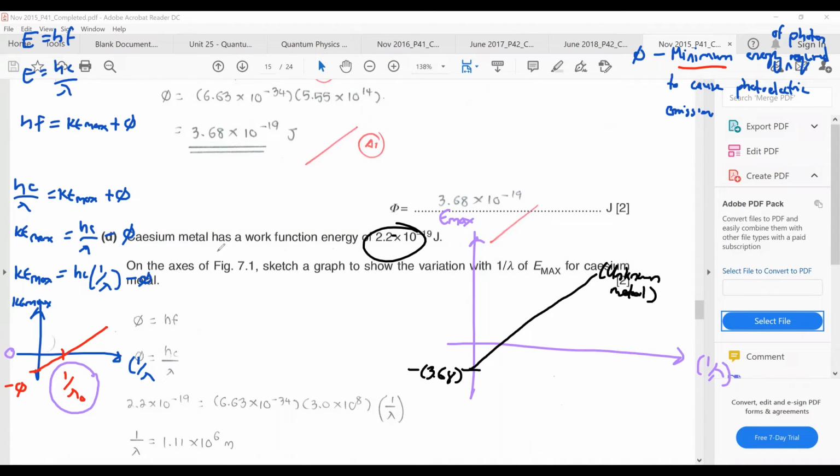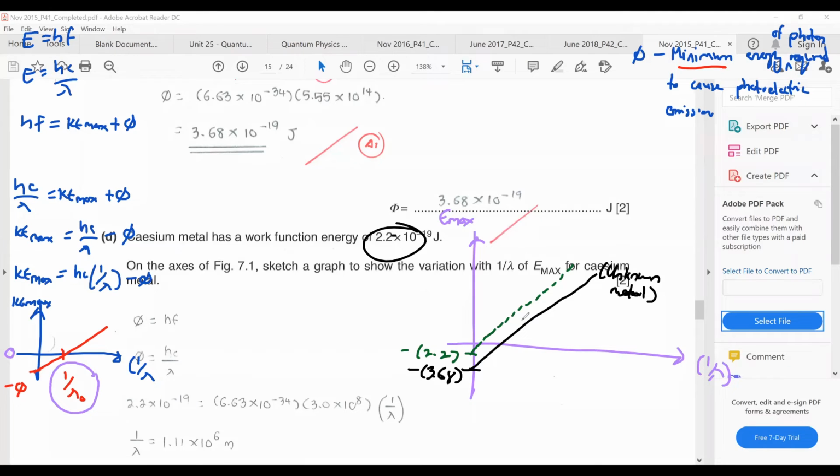So you know that you still have photoelectric emission. You will still have the same graph shape, same gradient, same straight line. But the work function being 2.2 would mean that your line will need to be shifted outwards so that this one becomes negative 2.2.